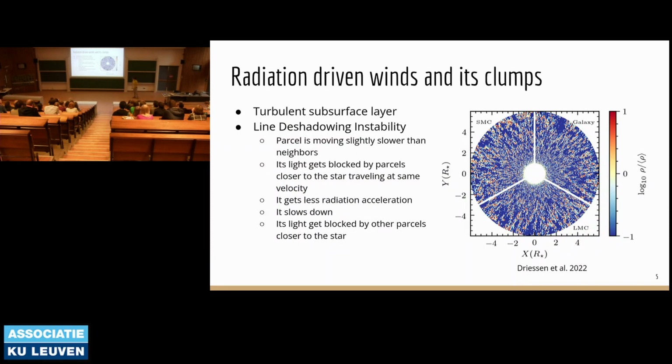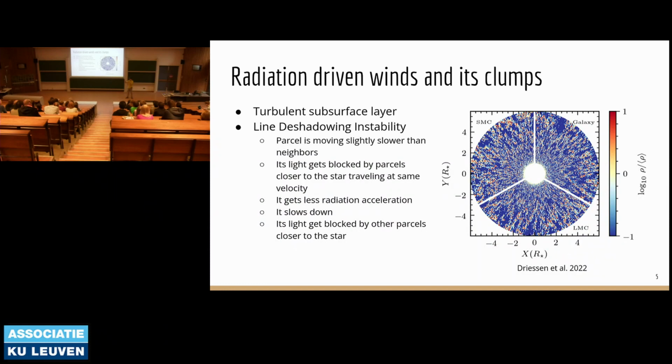And there is another thing called the line deshadowing instability, which is very specific to radiation-driven winds, where, if you listen to my explanation before, you have a certain element. Now let's imagine that you are out of sync with the elements around you. So you're moving slightly slower, let's say, than everything around you. Because you're moving slightly slower, everything closer to the star is already moving at your speed, because they should follow this sort of beta law.